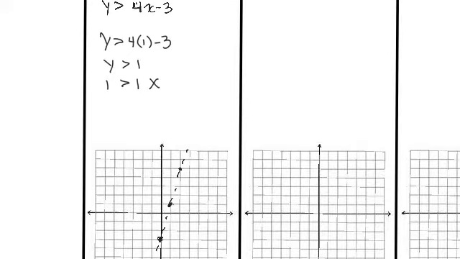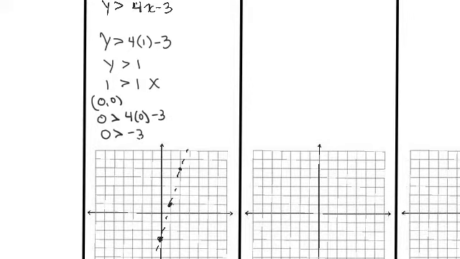So we're going to say 0. Remember, the ordered pair we're using is 0, 0. This is our ordered pair, right? So I would say 0 is greater than 4 times 0 minus 3, or 0 is greater than 4 times 0 is 0, minus 3 is -3.